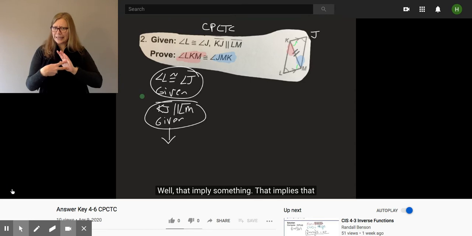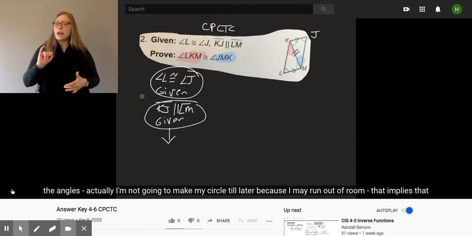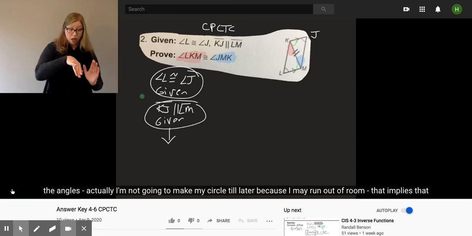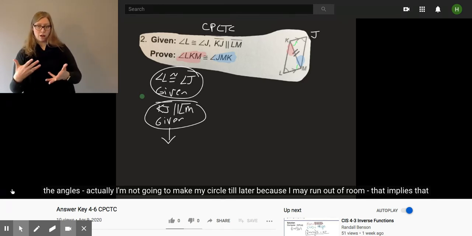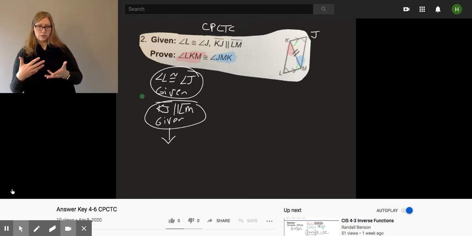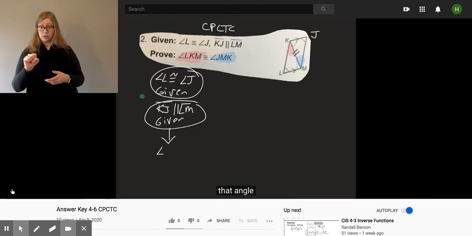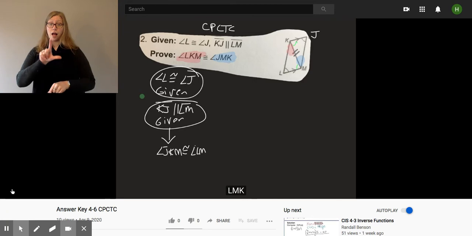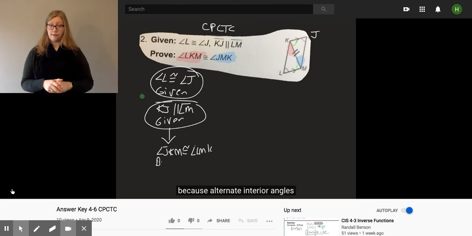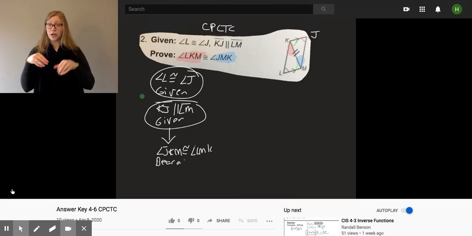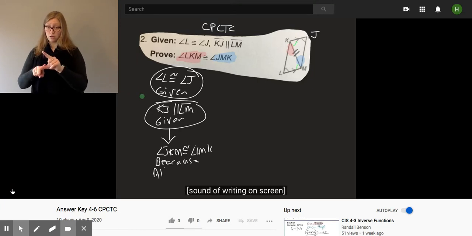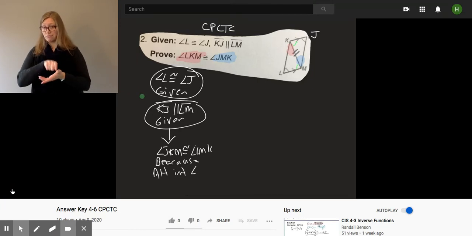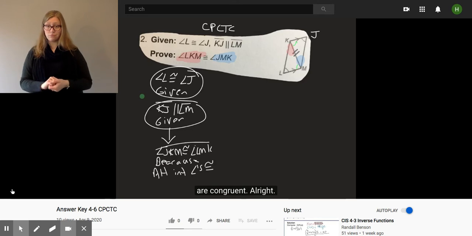That implies that angle JKM is congruent to angle LMK because alternate interior angles are congruent, right?